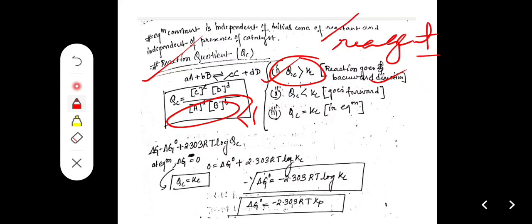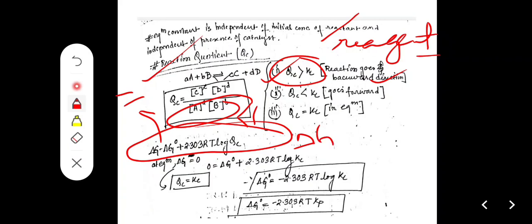Now we consider del G equal to del G0 plus RT ln Qc.